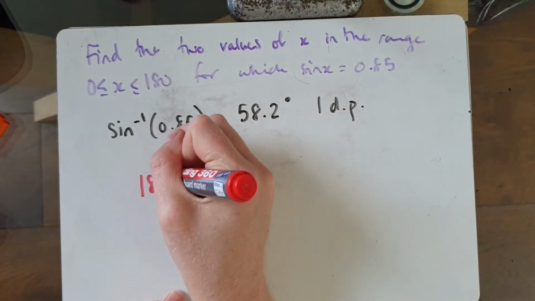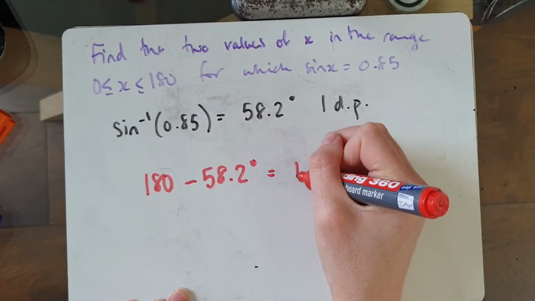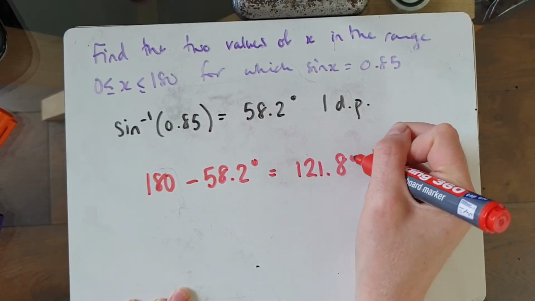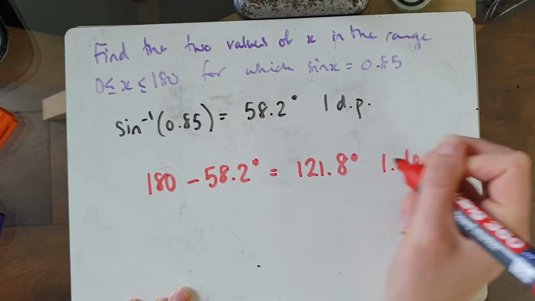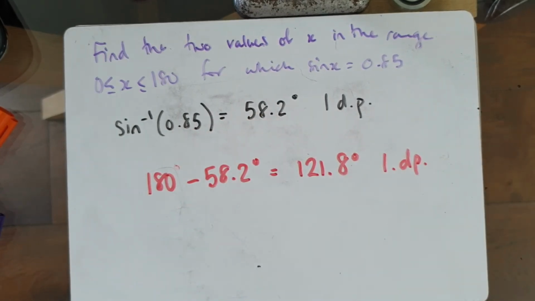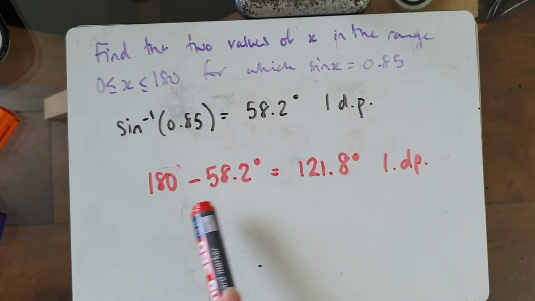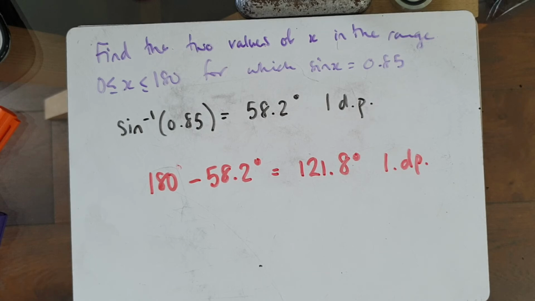So 180 minus 58.2 gives us 121.8 degrees to 1 decimal place again. So if you've got an acute angle and you want to get the other obtuse angle, you just subtract the acute one from 180 degrees.